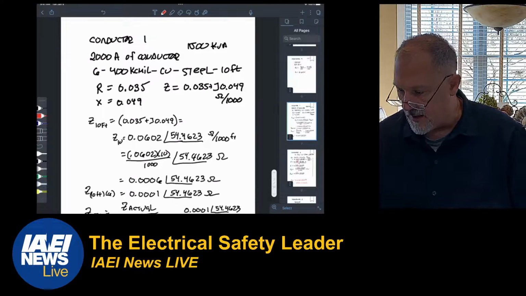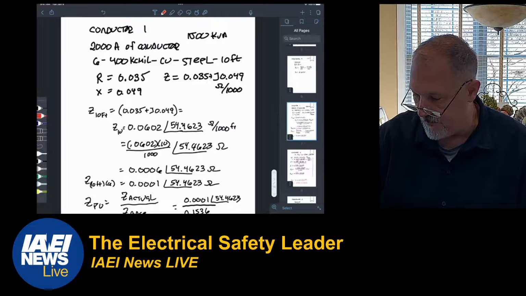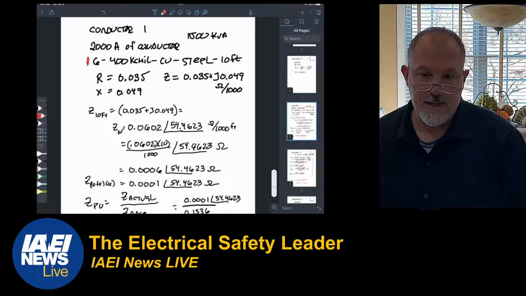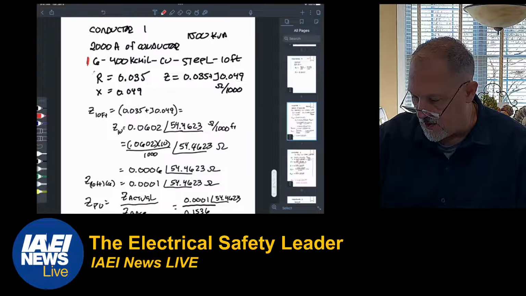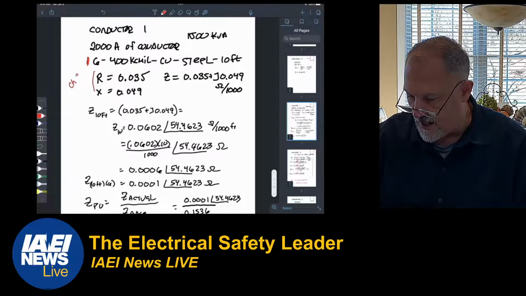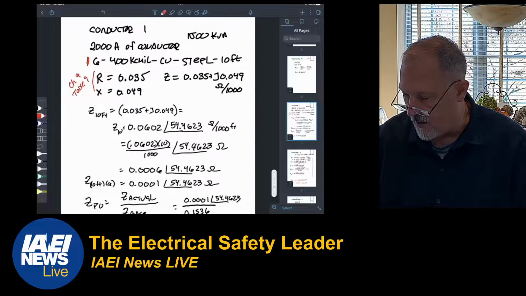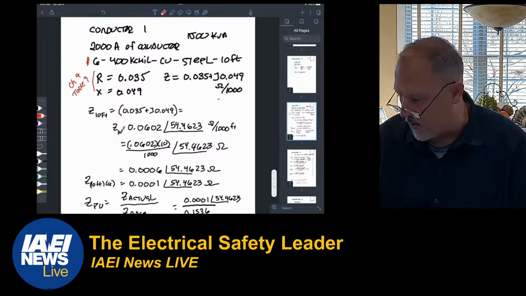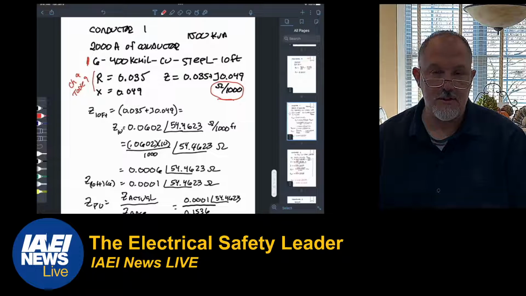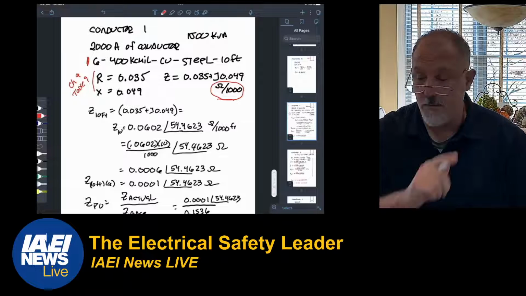So what did we do for conductor 1? We had 6 400 kcmil copper, steel, 10 foot. We went to Chapter 9, Table 9, and I got a resistance and a reactance in ohms per 1,000 foot.